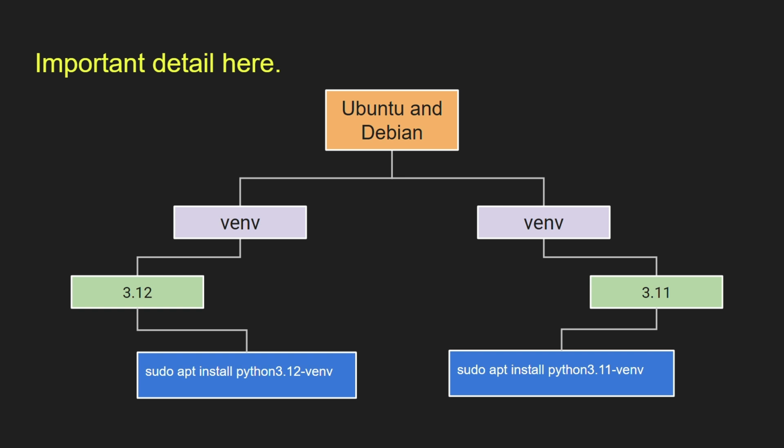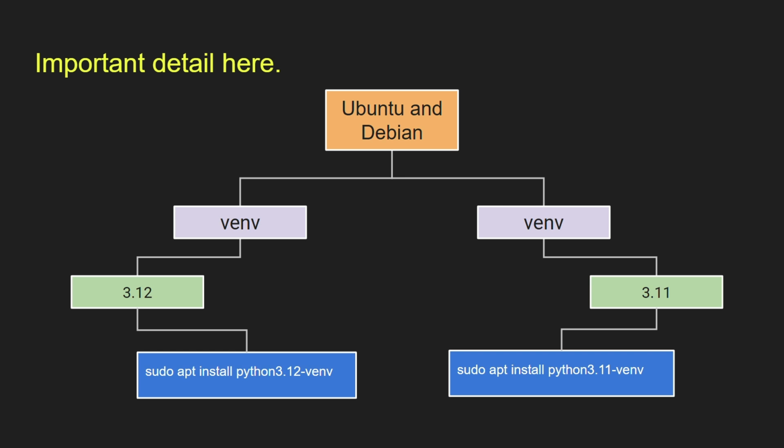But if you are using Python 3.12 specifically, then you should install sudo apt install python3.12-venv. This ensures that the virtual environment module matches the Python version you are actually going to use.